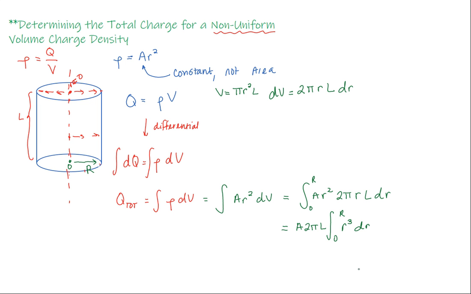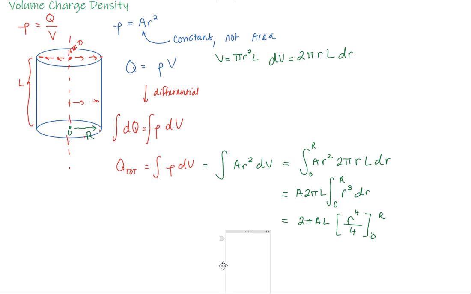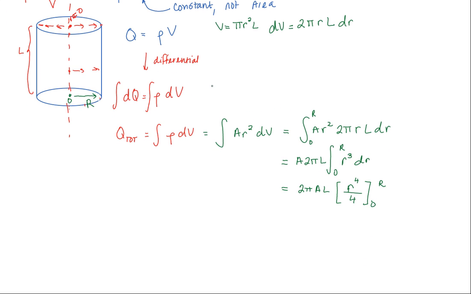Then I have to do the integration. So this is going to become 2 pi A L, and the integration will be r to the fourth over 4, evaluated from 0 to R. Then I need to plug in the limits, which it's not necessary to plug in the 0.